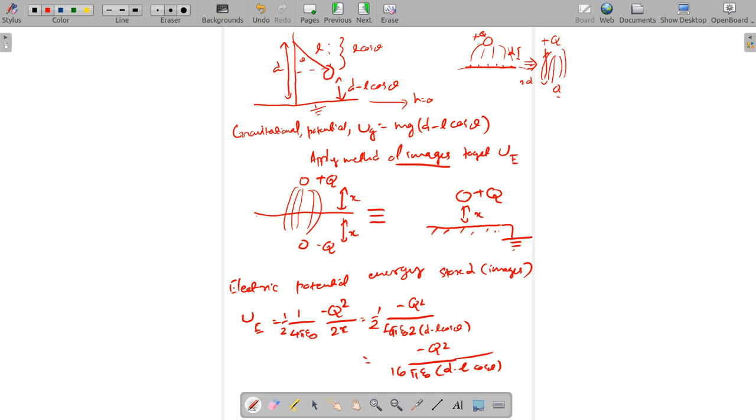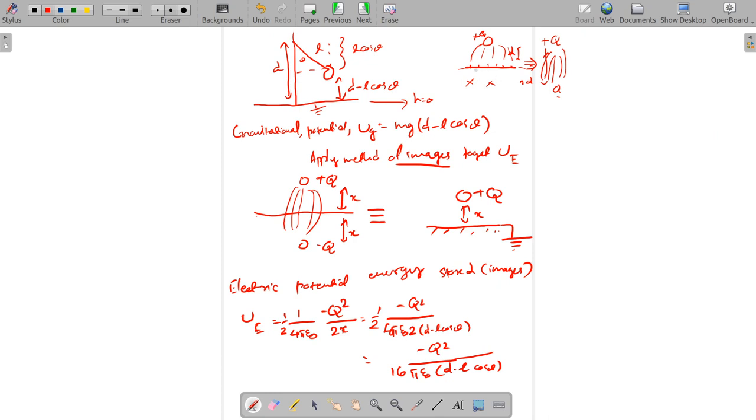But in the case of this kind of system, when you have a charge on one side of an infinite grounded conducting plane, you don't have any charge in this region. Because it's a grounded system, you have equal and opposite charges on this side, and there is no field and there is no energy.